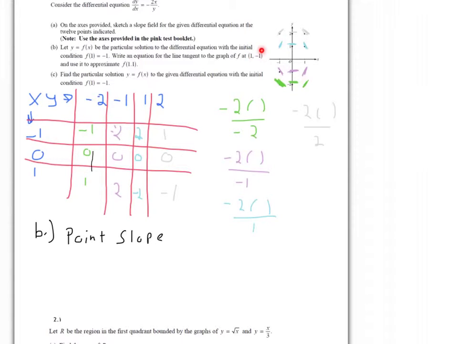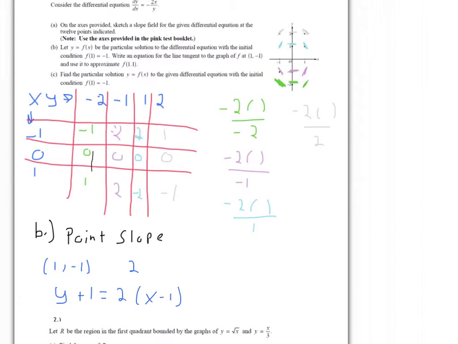And then we can look at our table of values. When we have an x value of 1 and a y value of -1, our slope was 2. So our point is x value 1, y value -1, and then at that point the slope was 2. So the equation of our line is y plus 1 is equal to 2 times x minus 1.